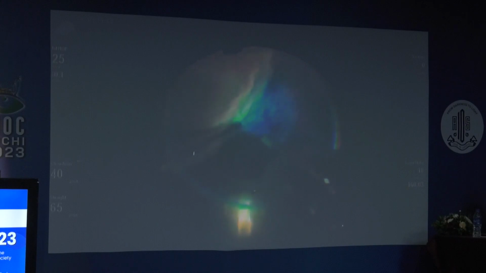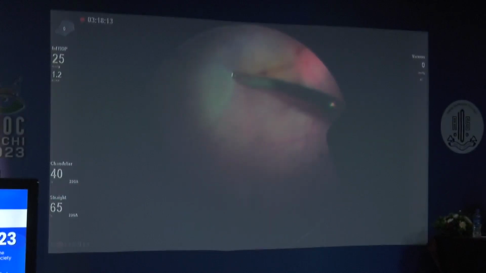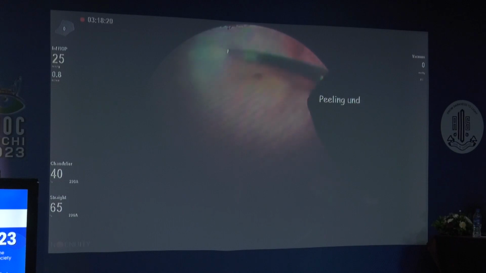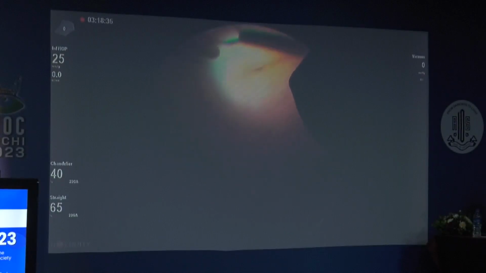So I stained the ILM with BBG and then tried to do the peeling under infusion, which I have done in few cases. But in this case, the retina was just too mobile, even after draining through the retinotomies. So after a few futile attempts of trying to peel, decided to take the help of PFCL.